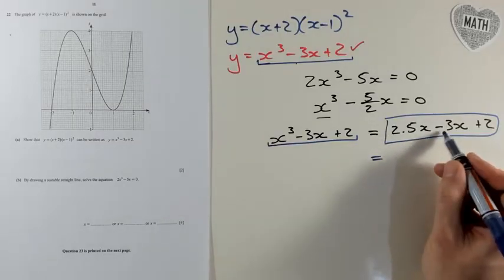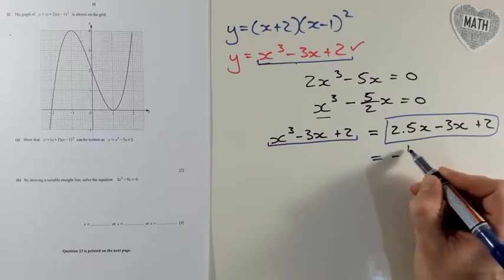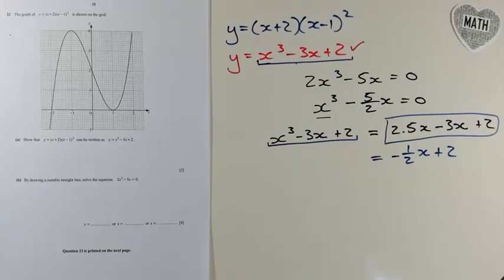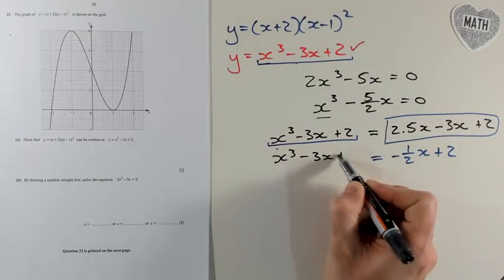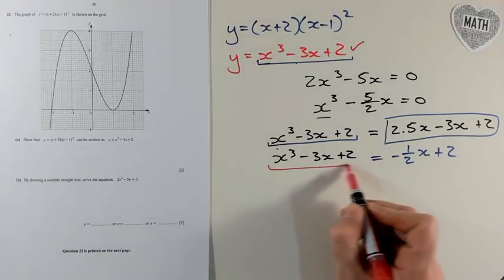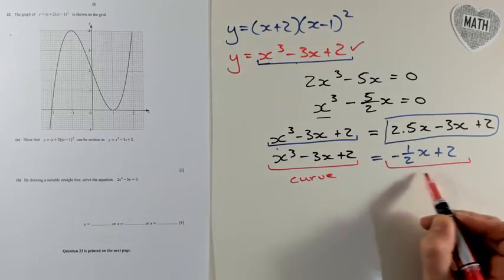If I have negative 3x plus 2.5x, this would be negative 0.5, or negative a half x plus 2, is equal to the x cubed minus 3x plus 2. And this is what I was talking about. We have a curve, and this is the curve, and this is the line.